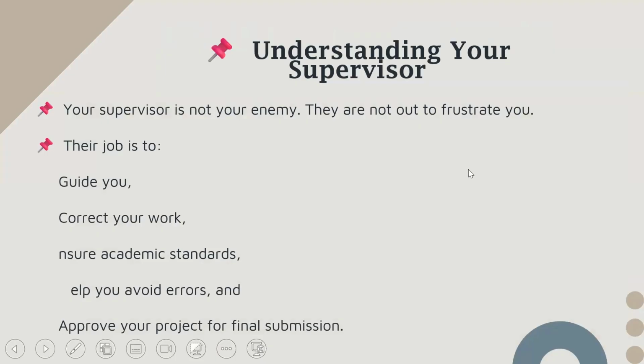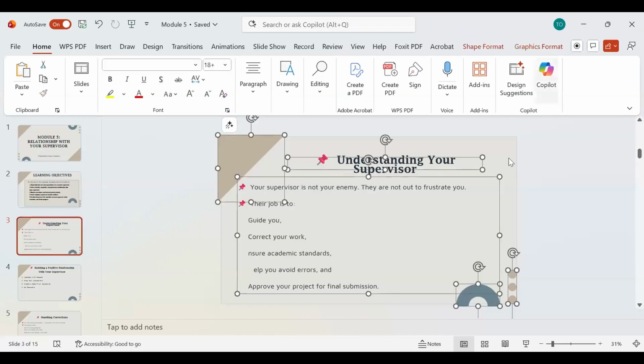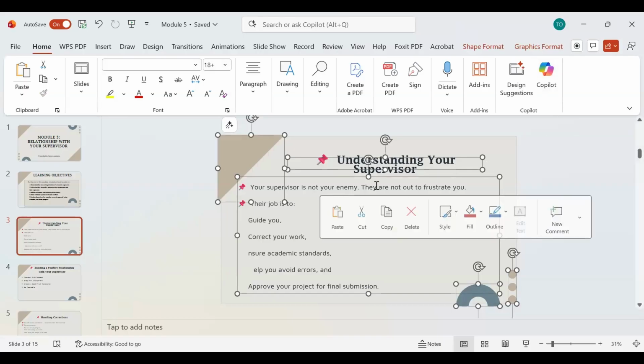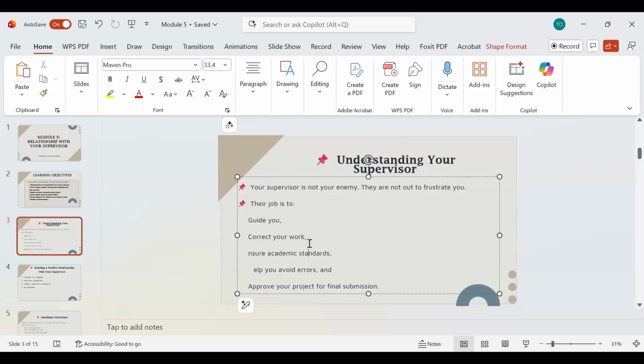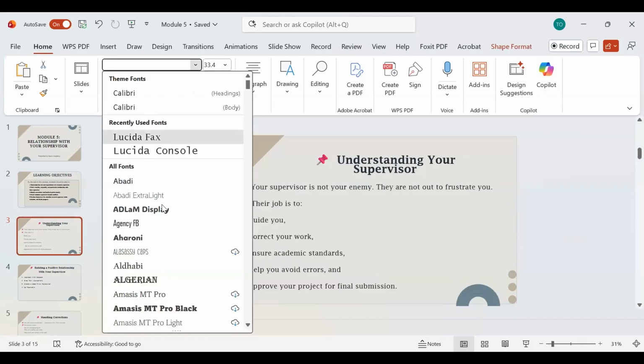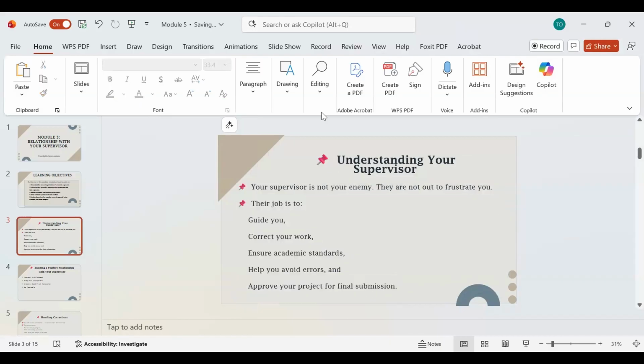Number one, your supervisor is not your enemy. They are not out to frustrate you. Their job is to guide you, to correct your work, to ensure academic standards, to help you avoid errors in your work, and then to approve your project for final submission.